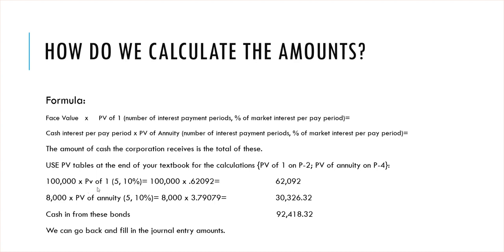So you need to go to your PV of 1 table, look at the row with the 5 on it, go across, look at the top column for 10%. And when you do that, you come up with this number right here. So you multiply 100,000 times this, and you come up with this number.